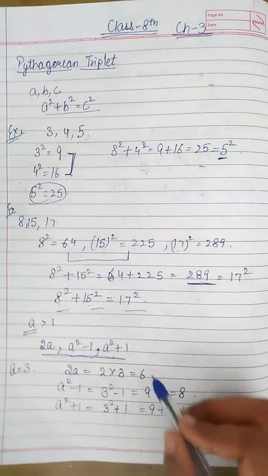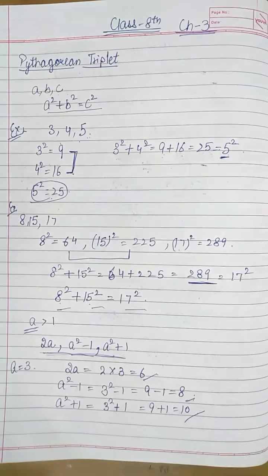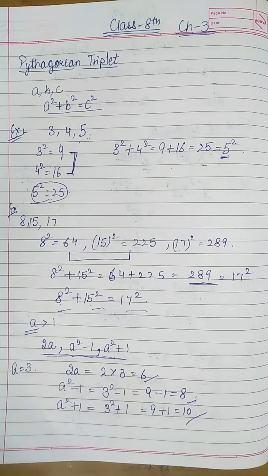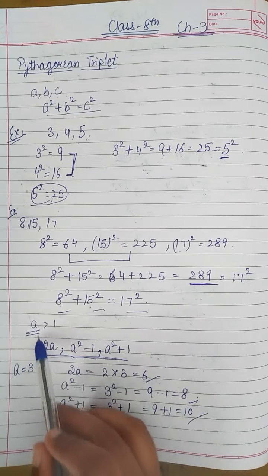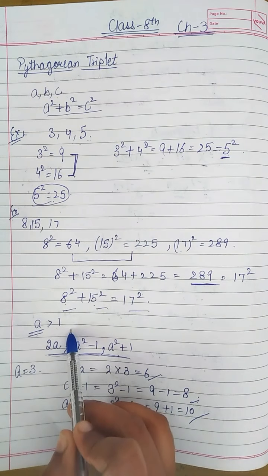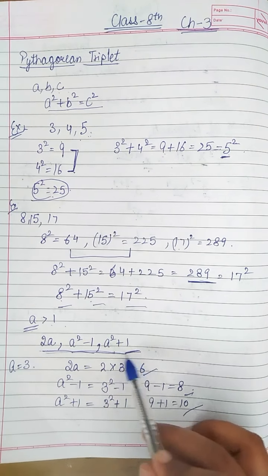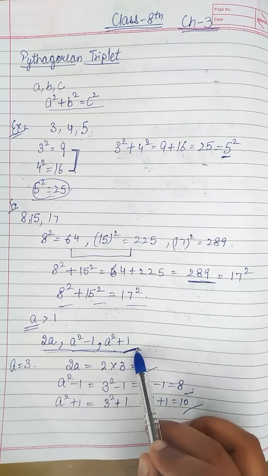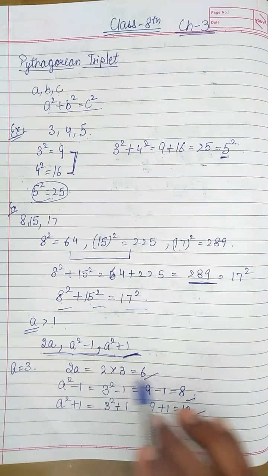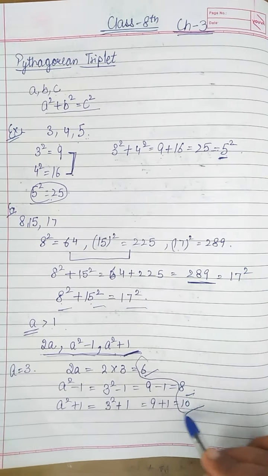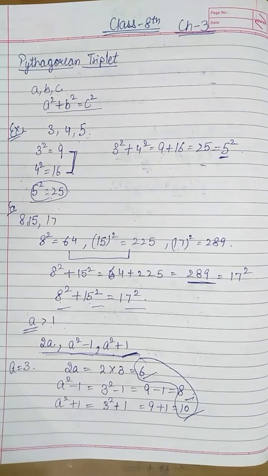So these three are the Pythagorean triplet. Remember that first of all the condition is a is always greater than 1. Then there exists a Pythagorean triplet, and you have to just put the values of a here. Let us check whether these numbers form a Pythagorean triplet or not.